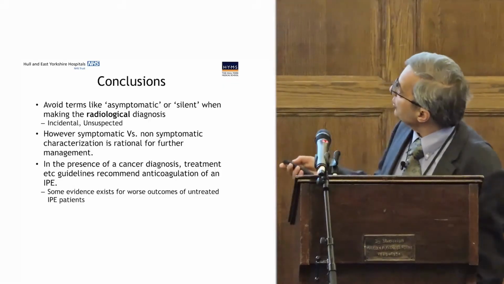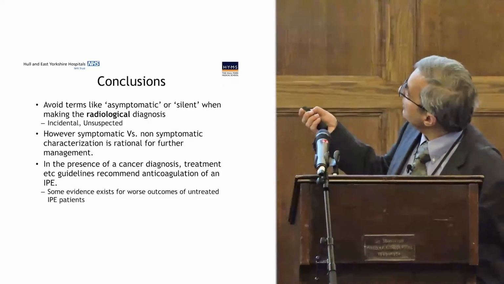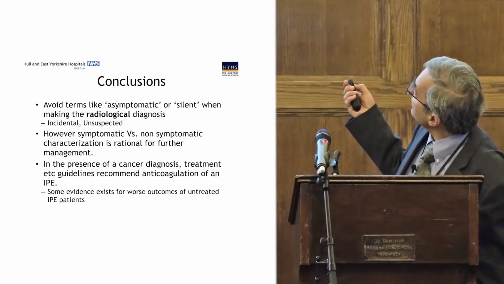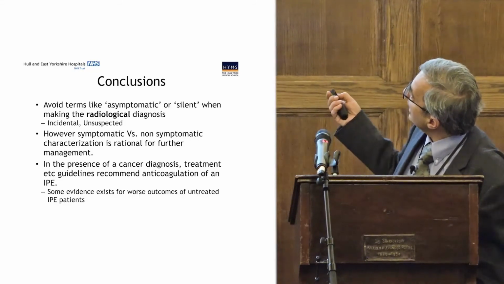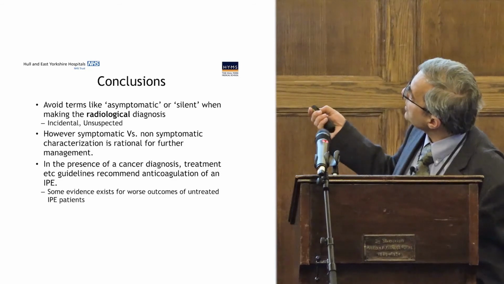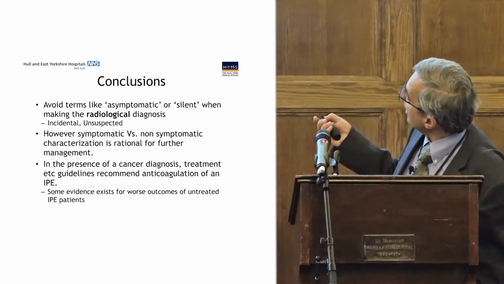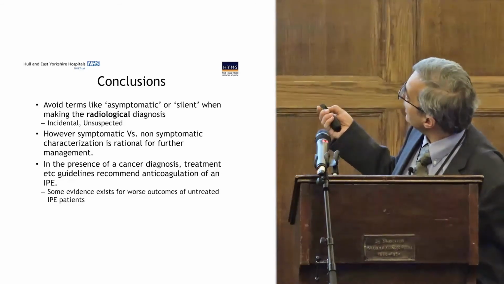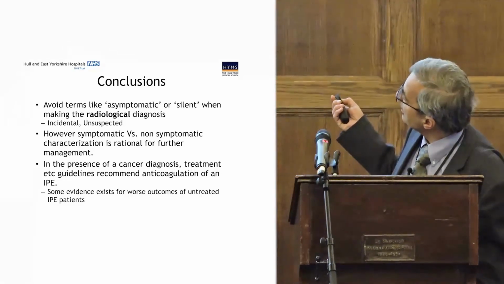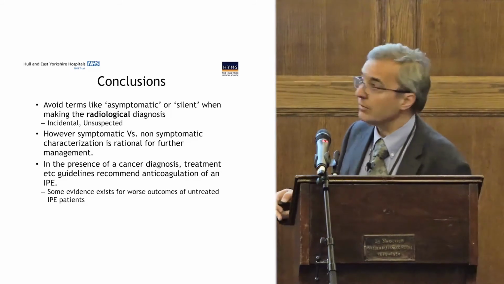So it's fully defendable. So in conclusion, please avoid terms like asymptomatic or silent when making the radiological diagnosis. Use incidental or unsuspected. However, symptomatic versus non-symptomatic characterization is a rationale that you need for further management, at least as the data stands right now.